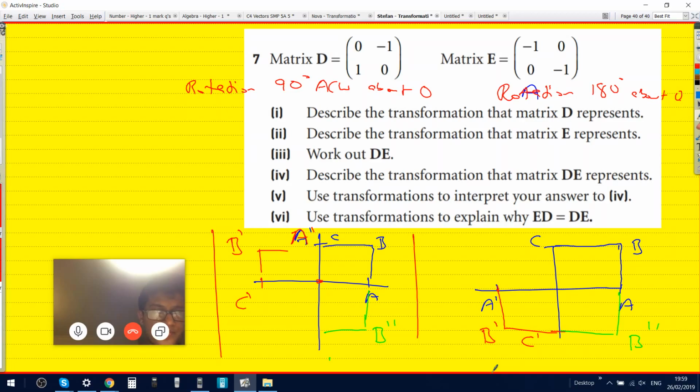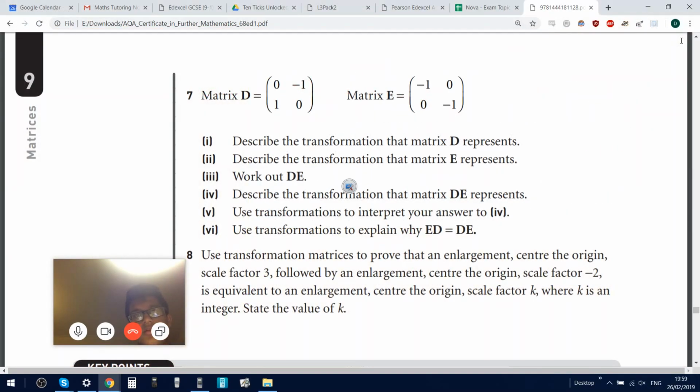Any questions about that? I understood that. Yeah, I got it. I think the best way is like this is A, this is C, and then diagonally is B.